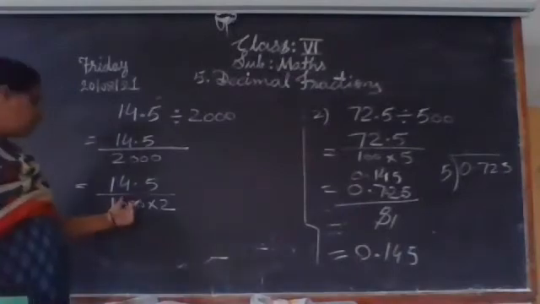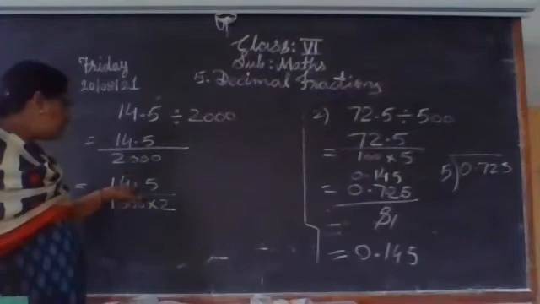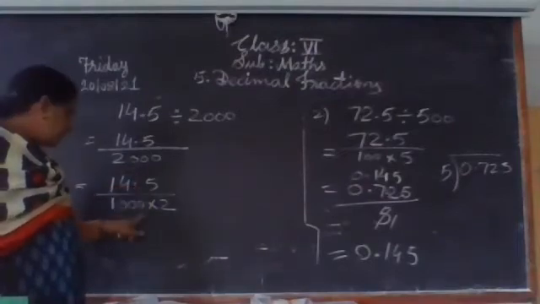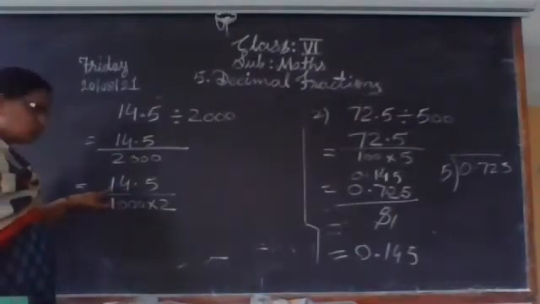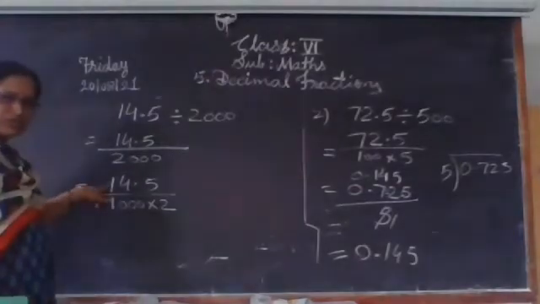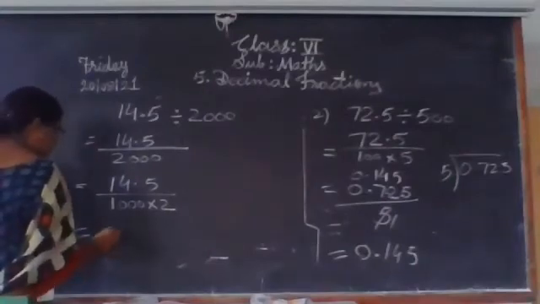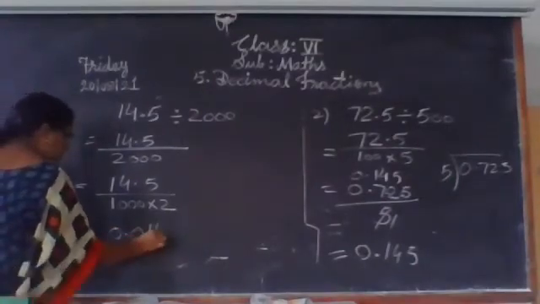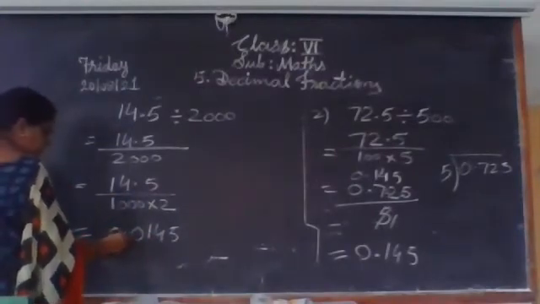Got it, beta? 1000 twos are 2000. Now see, the position of the decimal point is here, and you have to shift 1, 2, 3, 3 places. So here is 1, 2, and here there is no third place, so we will put 0. So it will be 0.0145. See 3 places: 1, 2, 3. And here is the decimal point.